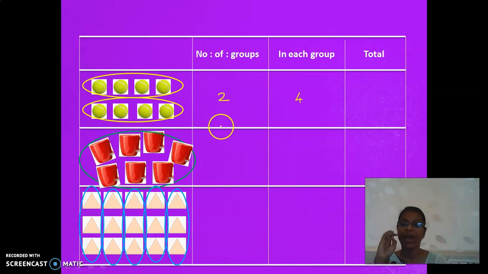In each group I have 4 objects. Now what is the total? 8 is the total. Now how many groups are there? 1 group. And how many objects? 1, 2, 3, 4, 5, 6, 7. So what is the total? 7 is the total. Now see this last sum.